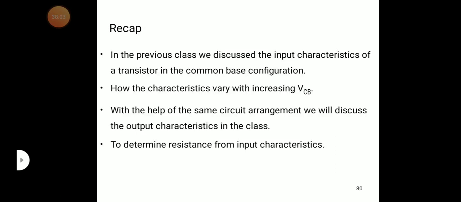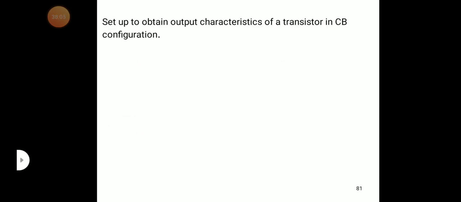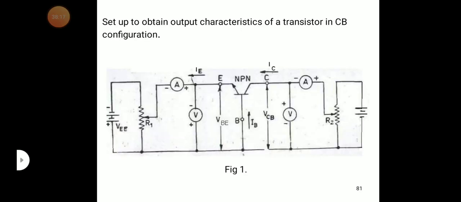The set up to obtain output characteristics of a transistor in common base configuration is as shown in the figure. The same circuit can be used for studying the output characteristics.